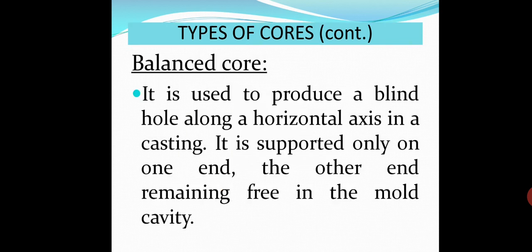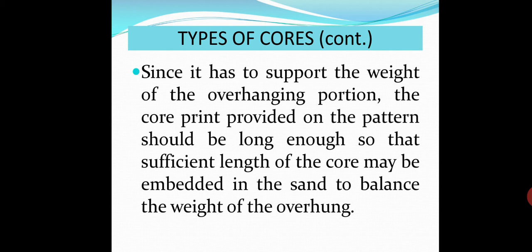Next is balanced core. It is used to produce a blind hole along a horizontal axis in a casting. It is supported only on one end, the other end remaining free in the mold cavity.